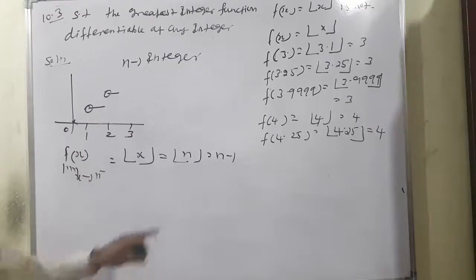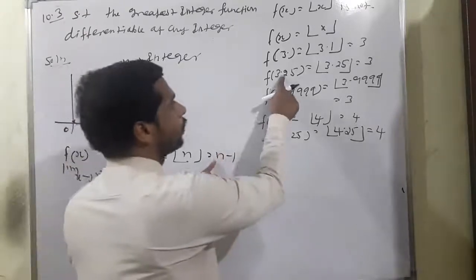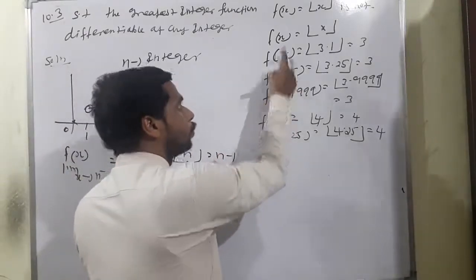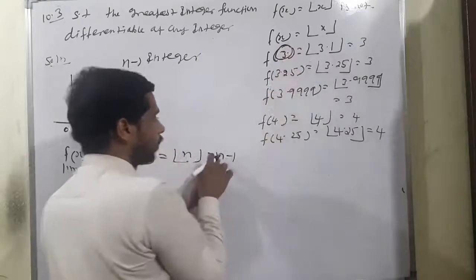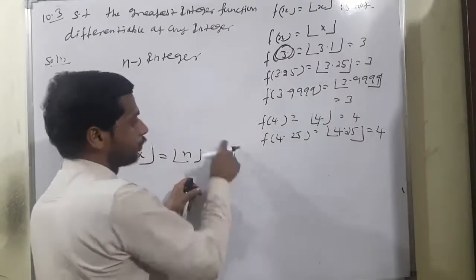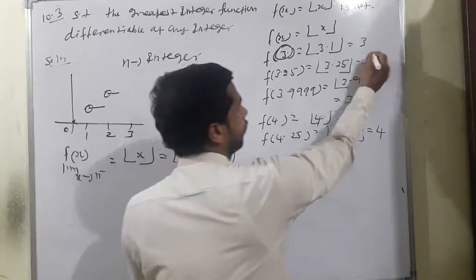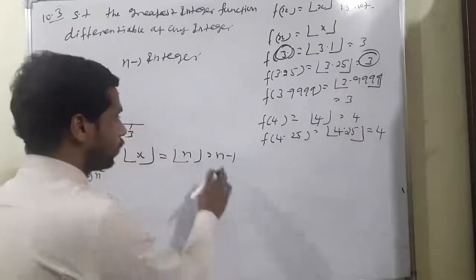For example, if n is 4, then 3.25 minus something, what answer will come? Only 3. So n minus 1.